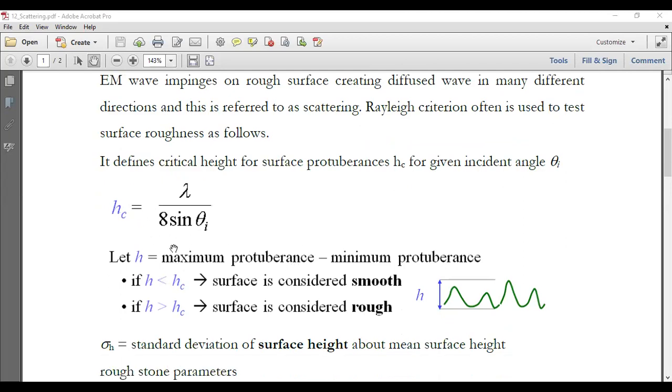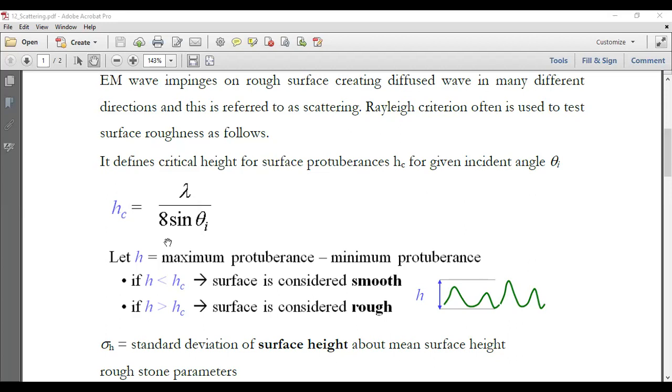This HC is the critical height for the protuberances, and H is the difference between the maximum and minimum protuberances, as you can see from here. So HC is calculated this way.